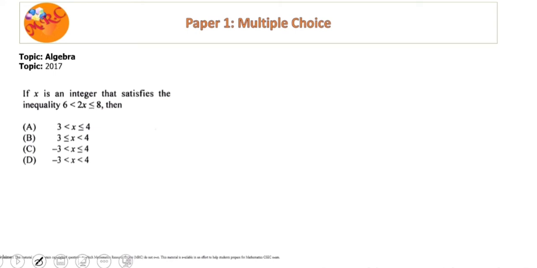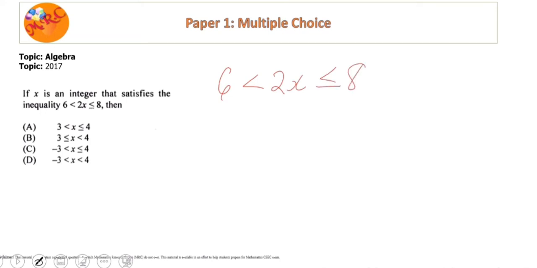If x is an integer that satisfies the inequality 6 less than 2x less than or equal to 8, then when I look at this, the first thing that comes to my mind is simplifying. So I'm going to see what I can divide into each of these terms to simplify this inequality.